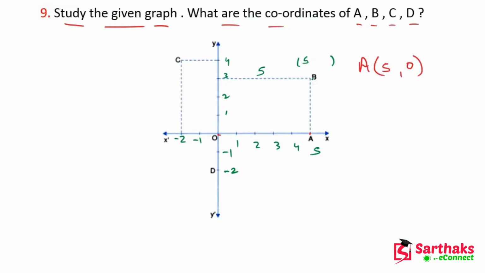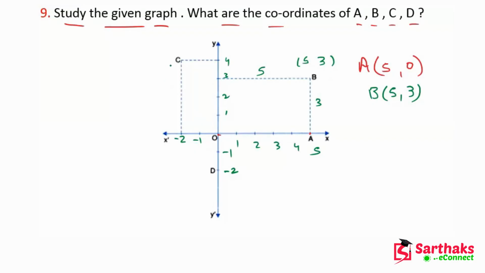Now the perpendicular distance of point B from the x-axis is 3. This point B lies in the second quadrant, so the coordinates are positive, positive. So point B is 5, 3.